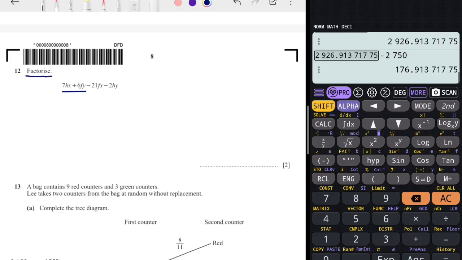We will pair the first value with the third one and the last value with the second one. So 7hx minus 21fx minus 2hy plus 6fy. So we will take common, x would be common and 7 as well.